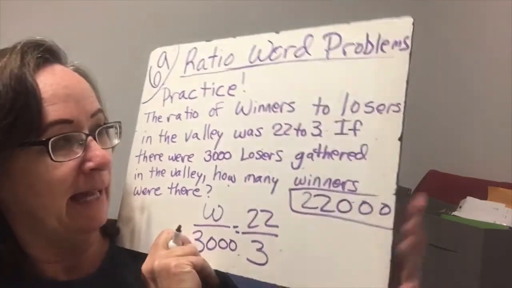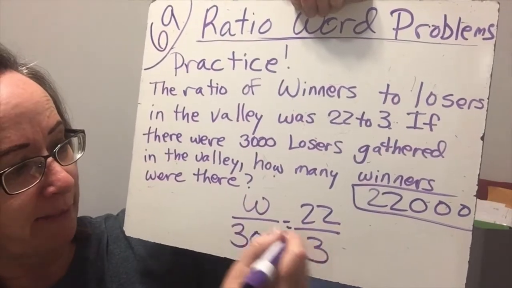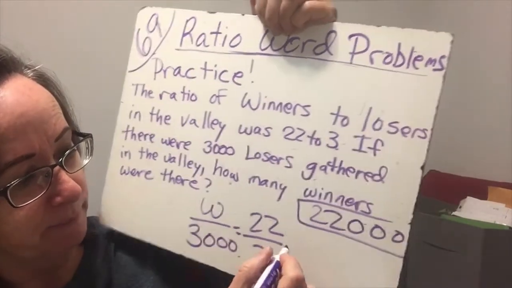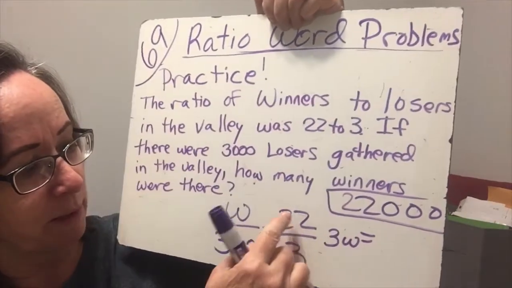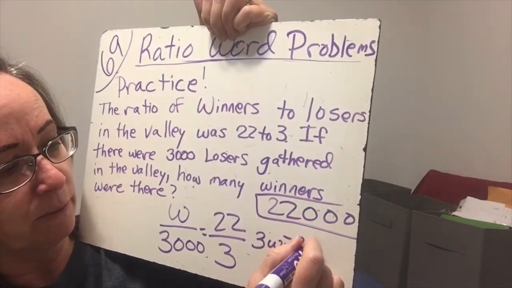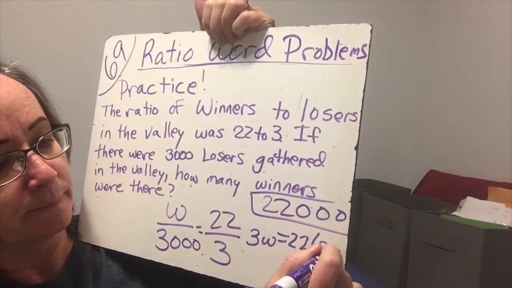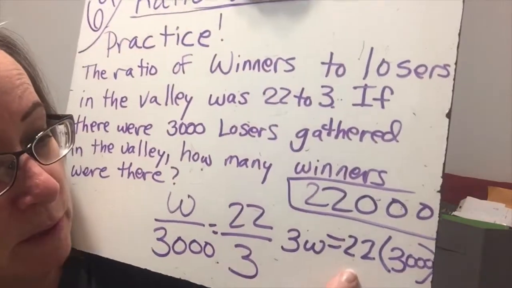But let's go ahead and do it the long way. We're going to cross multiply this way, and we're going to get 3W. And then multiply this way, and we're going to get 22 times 3,000.